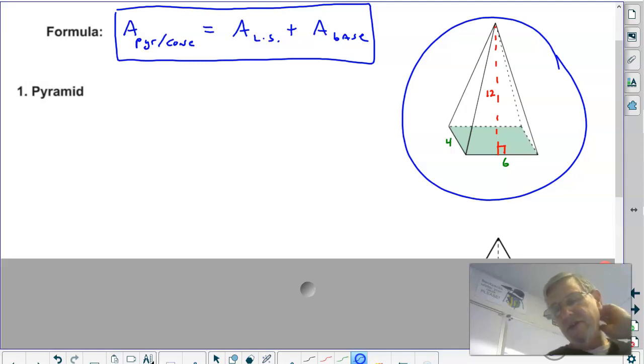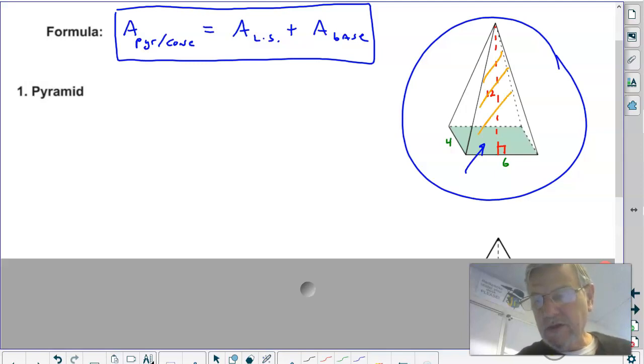Remember, surface area is all areas, so it would be the area of this base. Here I'm going to use some shading. This front lateral surface. Here's this side lateral surface, second. Notice it has a quadrilateral base.